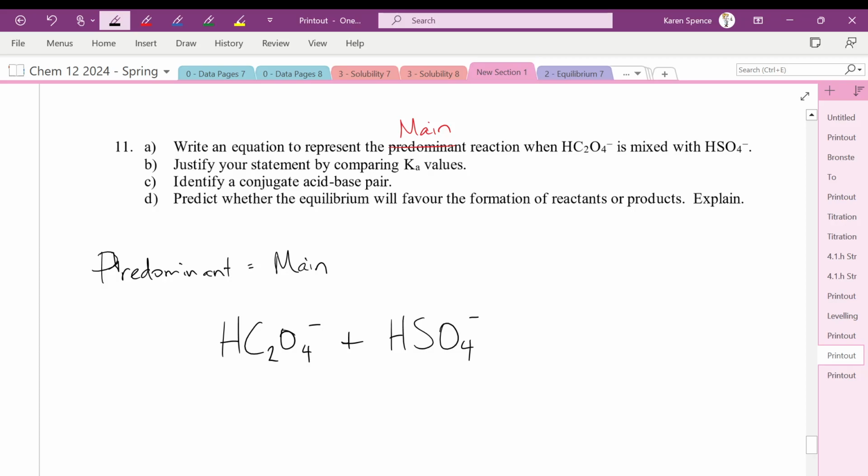Now, what do you notice about these two things? Maybe they're both amphiprotic. Let's check, shall we?